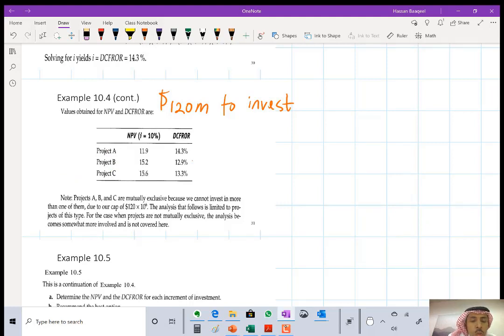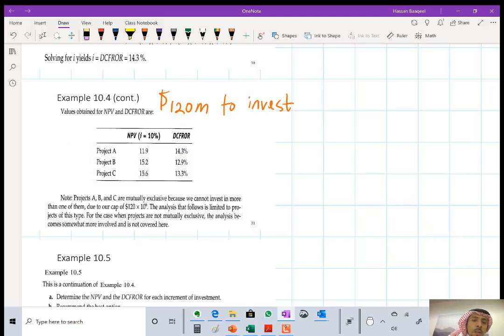The book shows that since each project costs a different amount of money, the selection is not straightforward. If you take the discount rate, your answer will be wrong. Because yes, in this $60 million you're making 14.3%, but the additional money that is invested in Project C gives Project C an advantage.